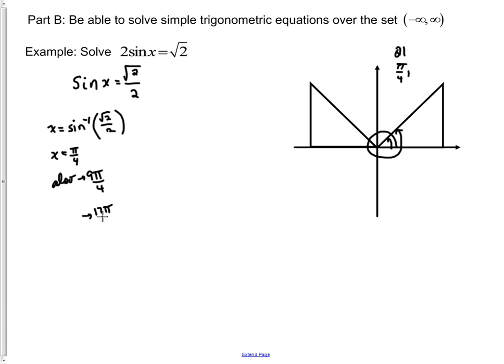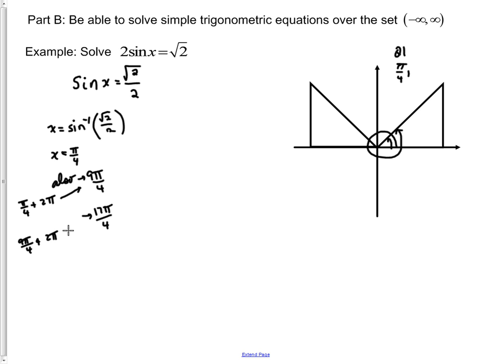By the way, if you're wondering what I'm doing, all I'm doing is adding multiples of 2 pi, right? So say pi over 4 plus 2 pi. And 2 pi itself is 8 pi over 4, so that gives us 9 pi over 4. Then we'd say 9 pi over 4 plus 2 pi.